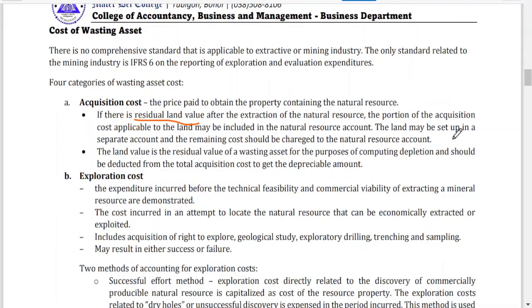The land may be set up in a separate account, and the remaining costs shall be charged to the natural resource account. We have to take note that this residual land value, the residual value of the wasting asset, if we're going to compute for the depletion, is treated the same as when computing depreciation: the residual value will be deducted from the acquisition cost to determine the depreciable amount.